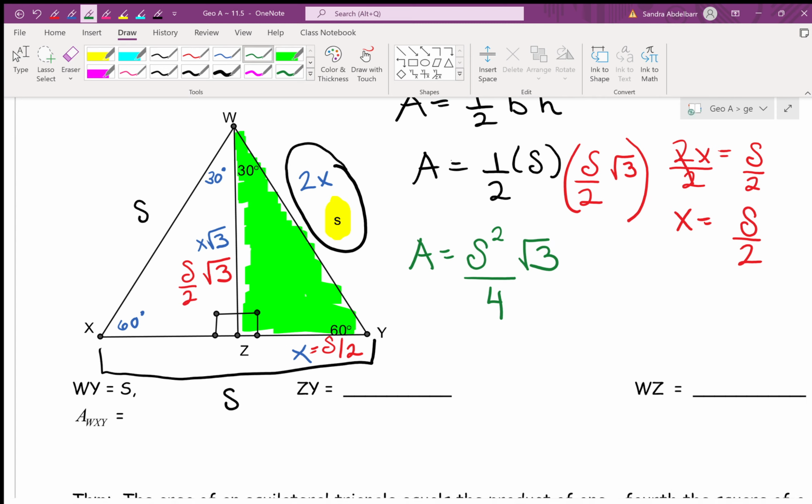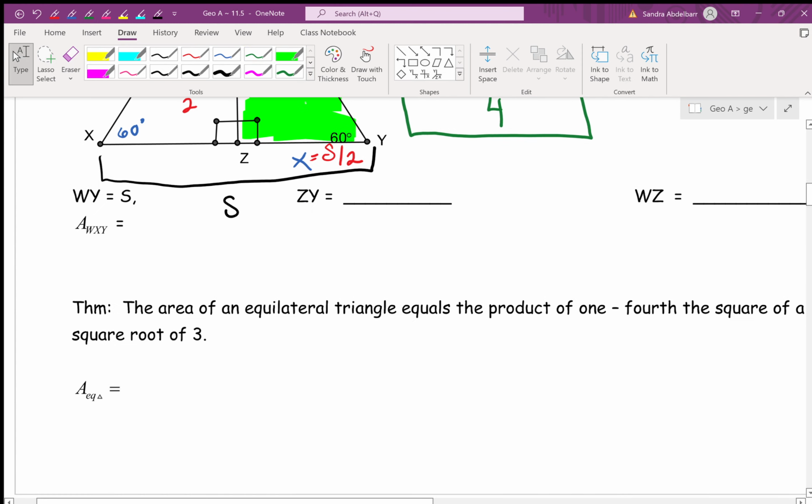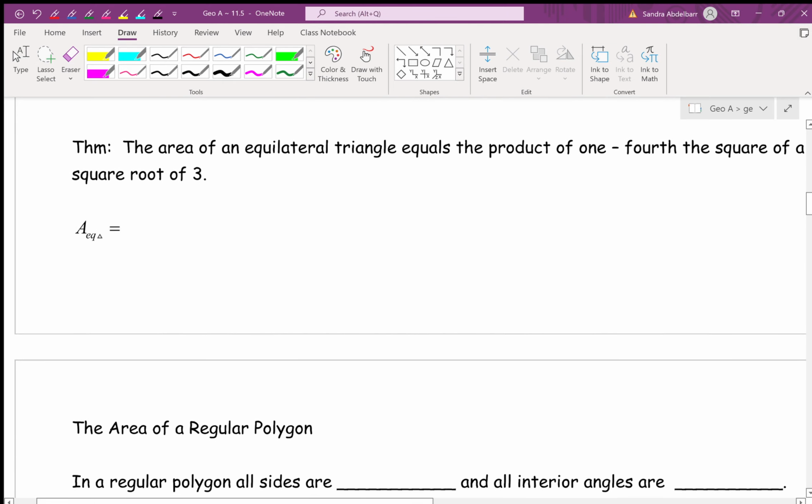That root 3 could be in the numerator. It could be on the outside of the fraction. It really doesn't matter as long as it's not in the denominator. And guess what? This is the formula for area of an equilateral triangle. What do you think S represents? Side length, exactly. S represents side length. So let's write this out. Scroll down. Area of an equilateral triangle will be S squared over 4 root 3.